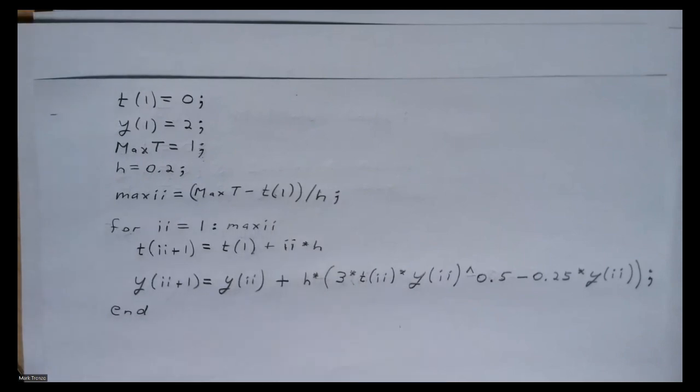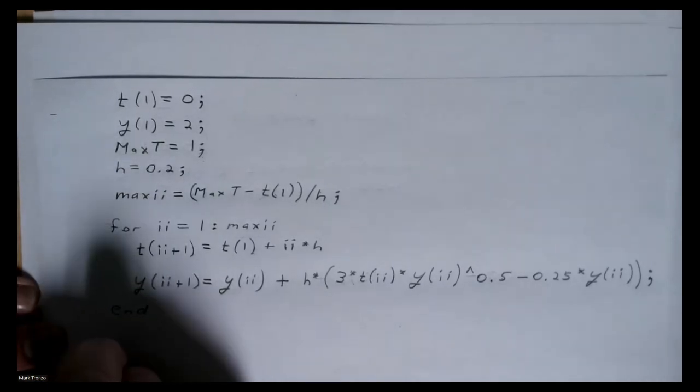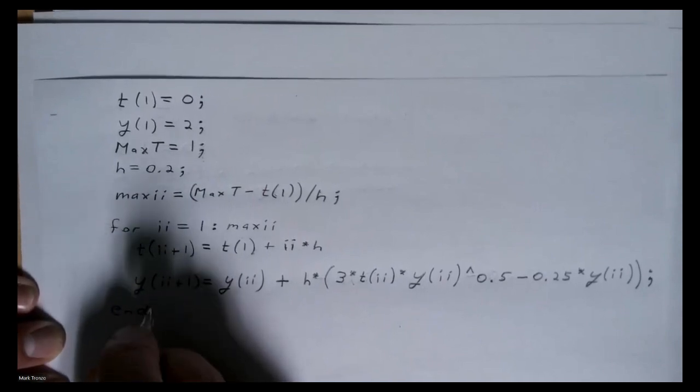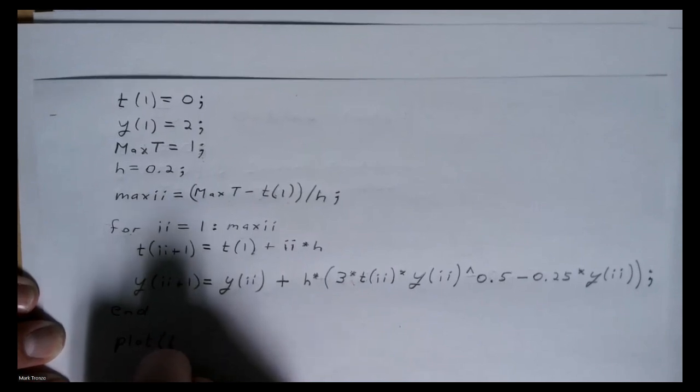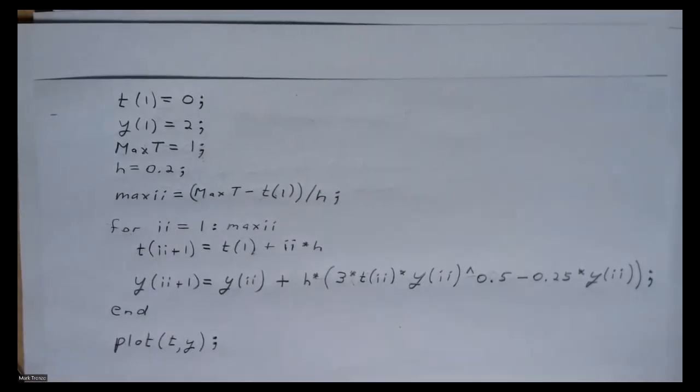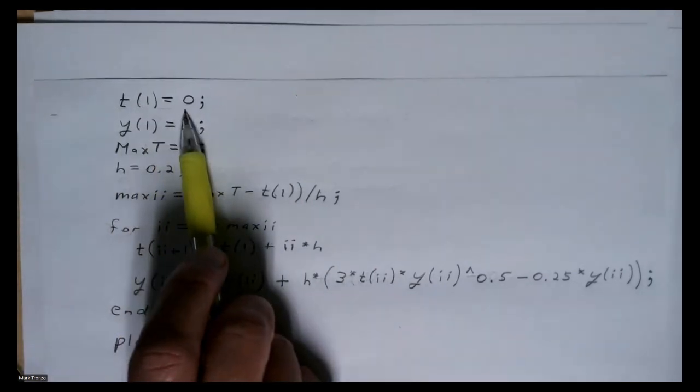So finally, let's plot our t and y. I'm using really the simplest commands right now. We can add things to them later. So that code right there should work. We're starting with our initial values here. We're starting at t1 is 0.